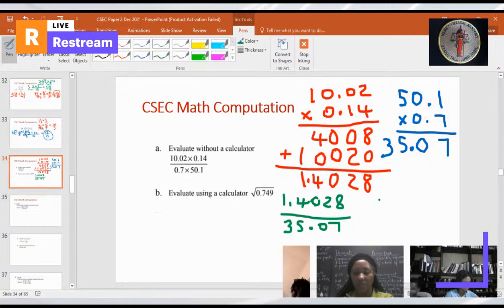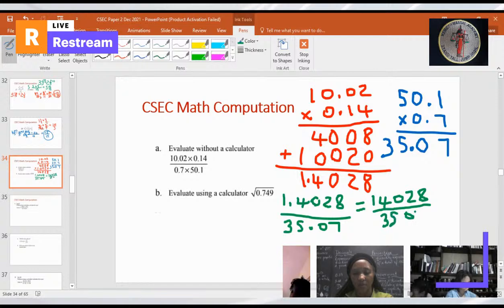So I would have 1.4028. I just take out the decimal point and only divide them. You count the decimals. This will be 3507.